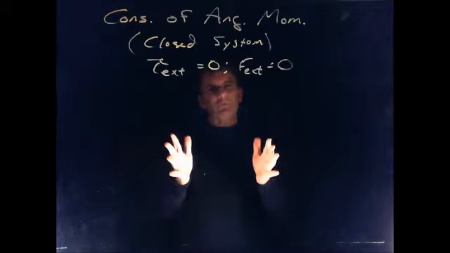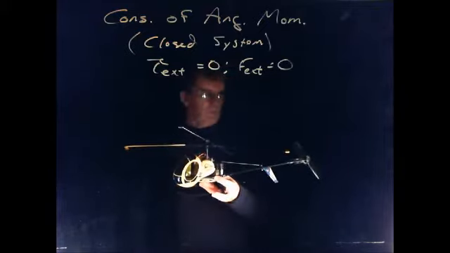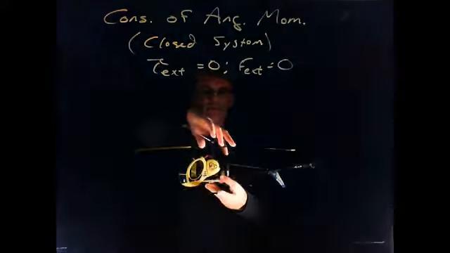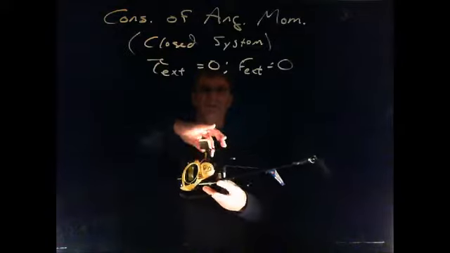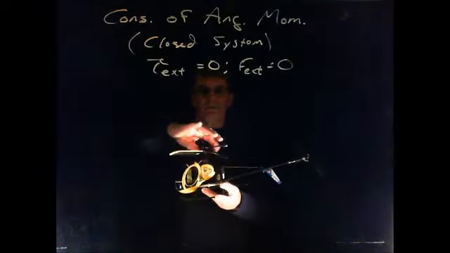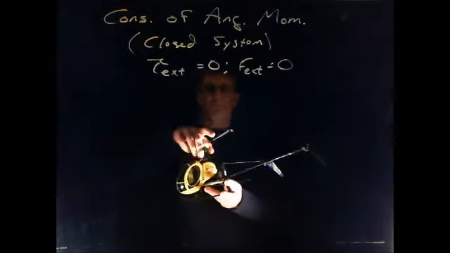With angular momentum, though, it's a little bit different. A helicopter. It's in the air, a closed system. The propeller is spinning to provide its lift. Now, if the propeller is spinning, that's because there's a force being applied to it from the motor.